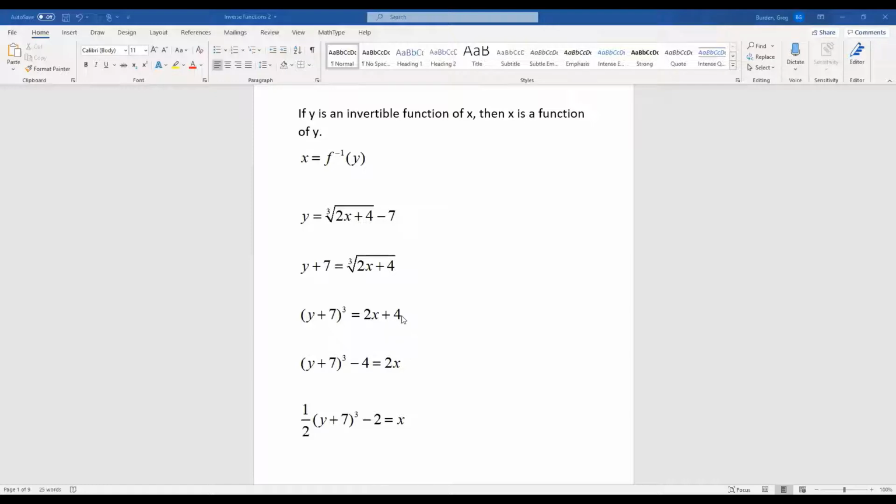Well, we can undo the addition of 4 by subtracting 4. And then that gives us 2x, and then to finish solving this for x, so that we have x in terms of y, which is what the inverse function is, I'll just divide the whole thing by 2. Instead of showing it as division, I'll show it as multiplication by 1/2, same thing as dividing by 2. 1/2 times the quantity y plus 7 cubed minus 2 is equal to x.